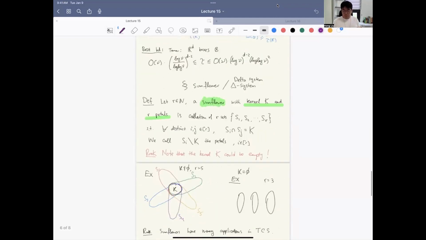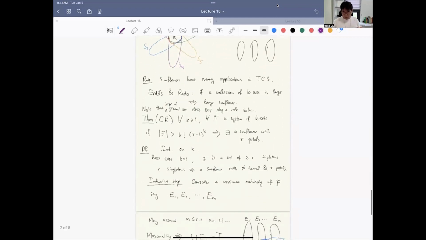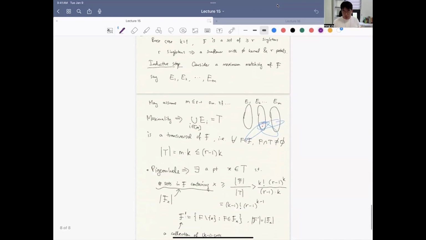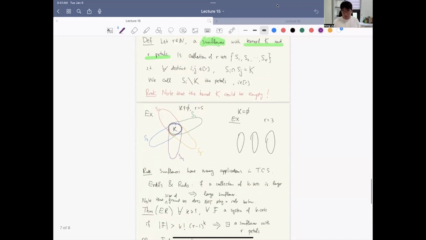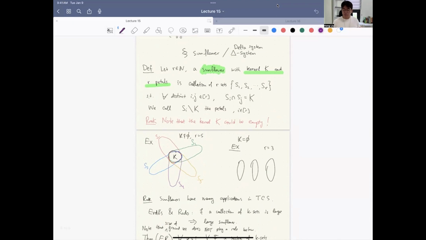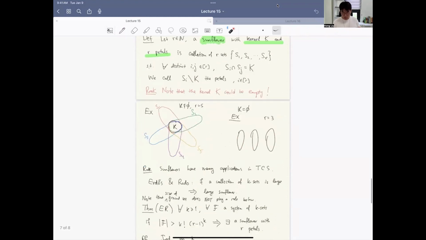Then we mentioned the sunflower. Let's recall, a sunflower is a collection of sets where pairwise intersections are exactly the same set K, which we call the kernel. When K is empty, it could be just a matching, pairwise disjoint sets.